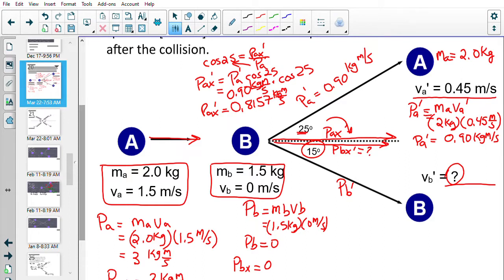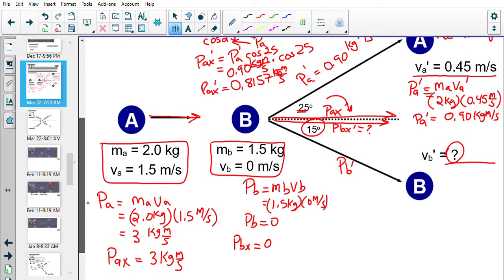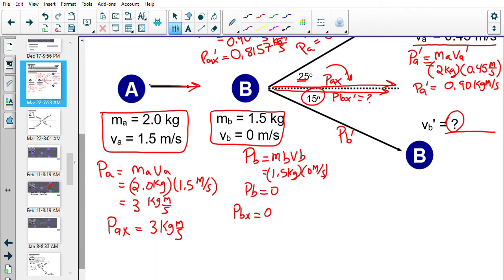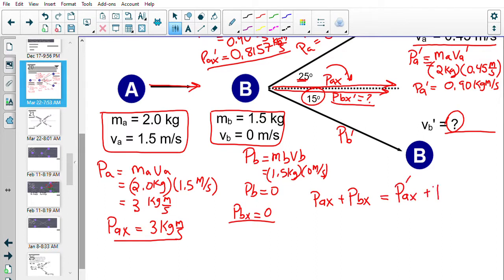But if I use my conservation that says the total x before equals the total x after, then the x before and that x before have to add up to give this x after and that x after. So I'm going to set that up as an equation. My Ax before and my Bx before have to be equal to Ax after and Bx after.